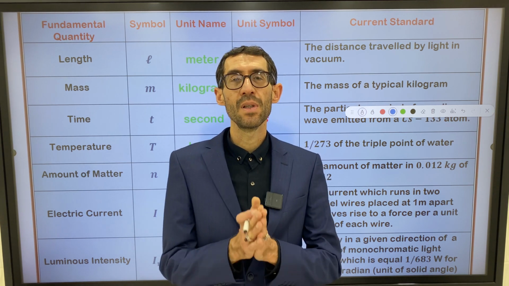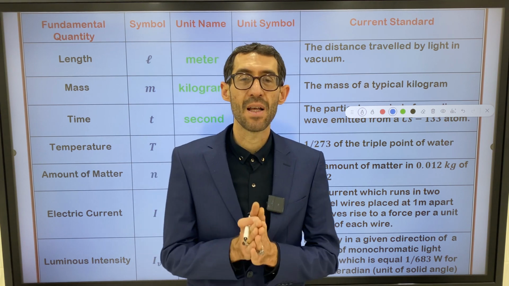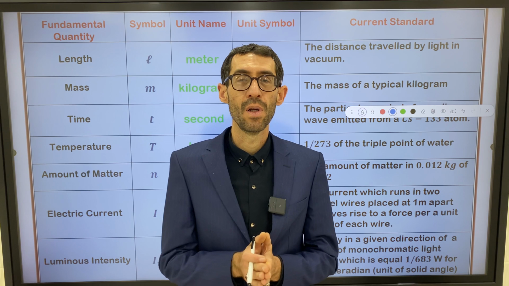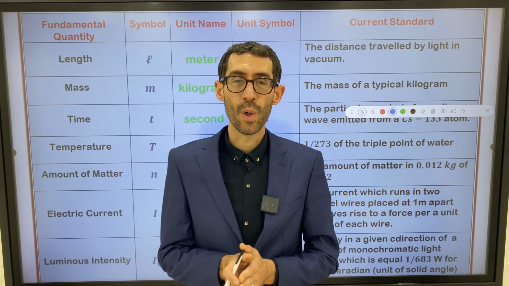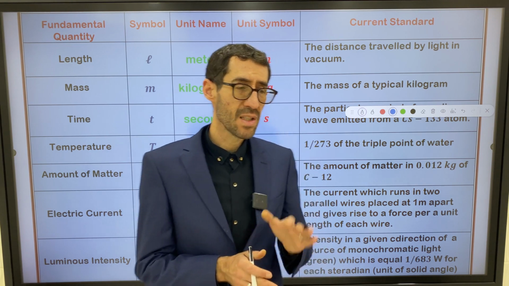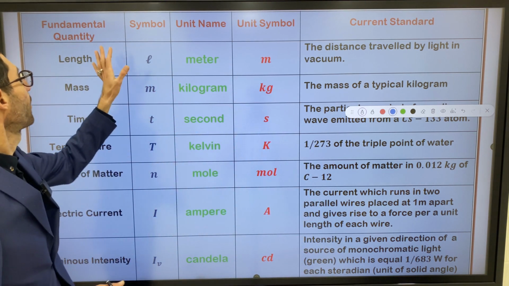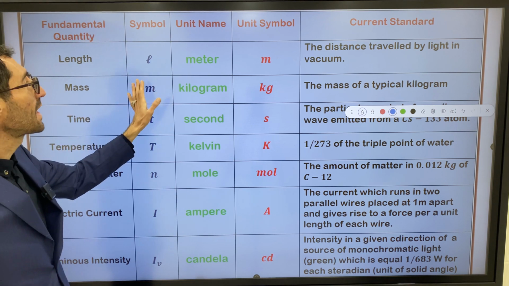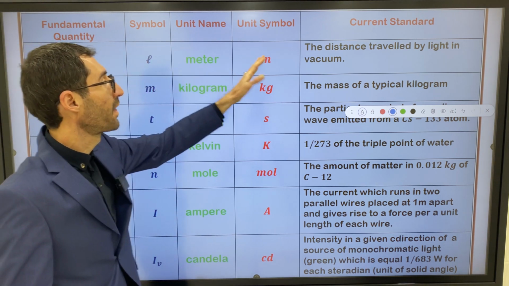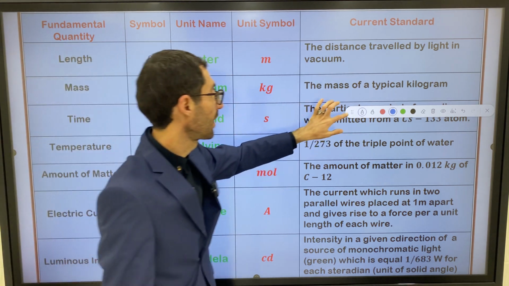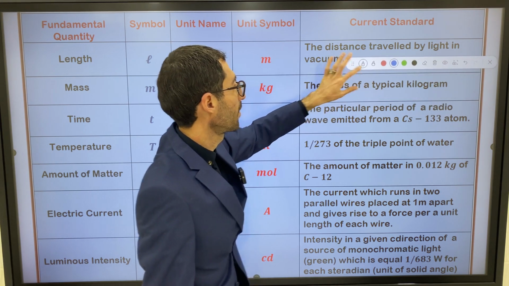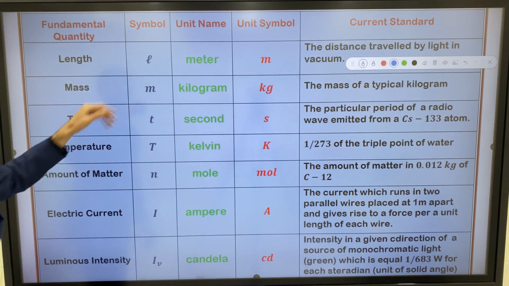Scientists agreed on some standards for time, for mass, for any other quantities, right? So right now, these symbols are used in SI units, and they are international symbols.